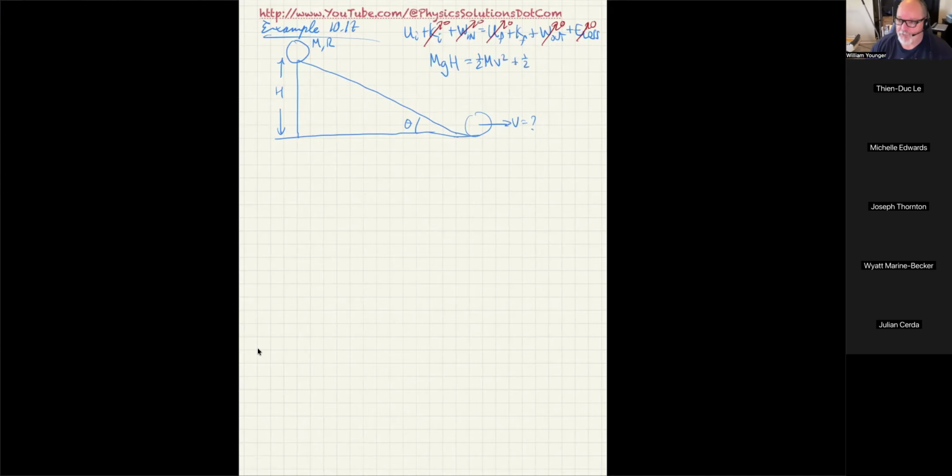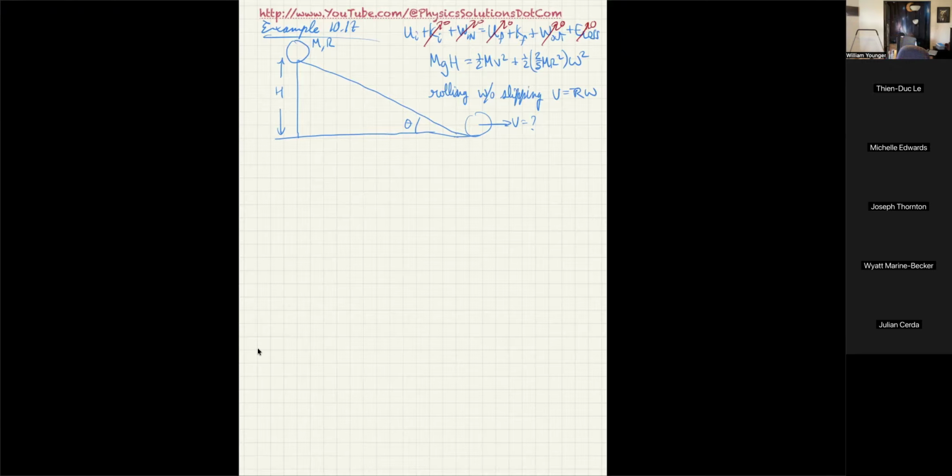Now, for a sphere, the moment of inertia is 2/5 mr squared. So I'm going to write that 2/5 mr squared times omega squared. And then rolling without slipping, that dictates that v is equal to r times omega, like that.